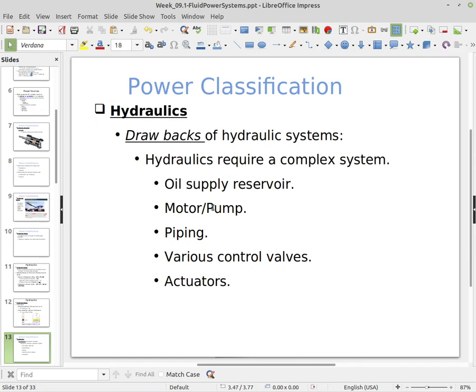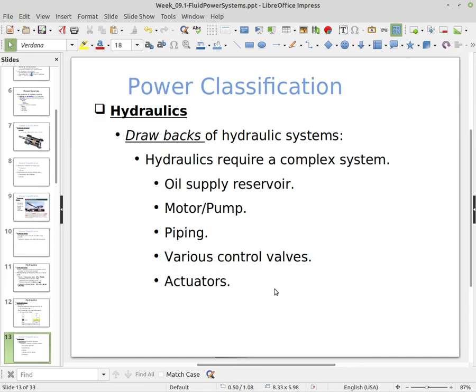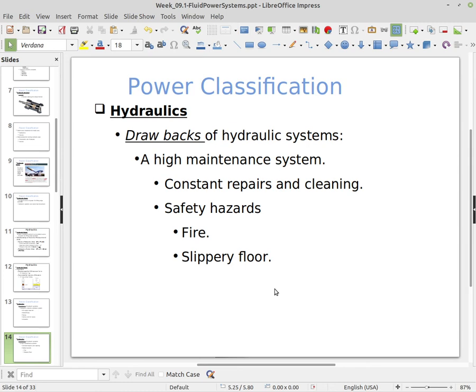You've got to have a pump to generate that pressure. Then you're going to have piping to pipe the oil to where you need it for your activation. You're going to have control valves to control it, and then of course your actuators, which are actually doing the motion.